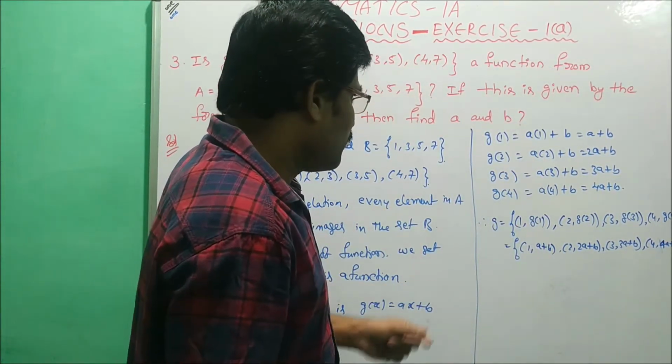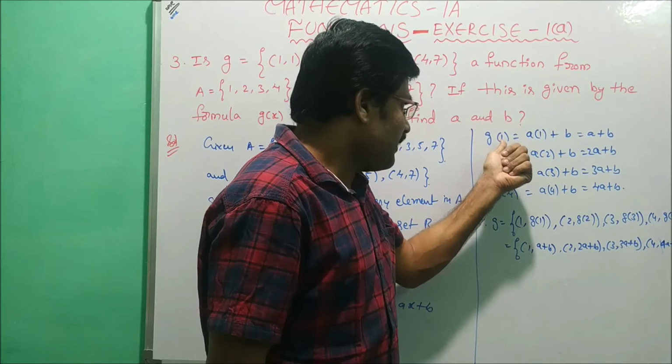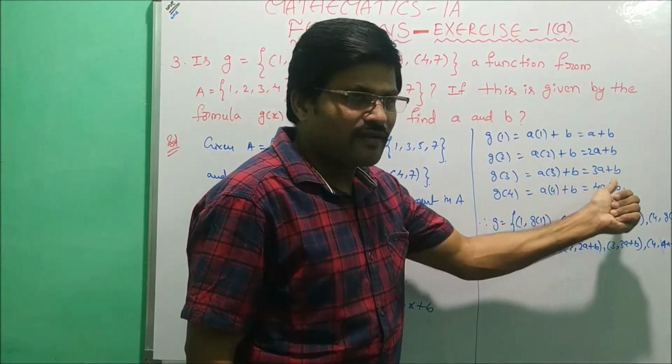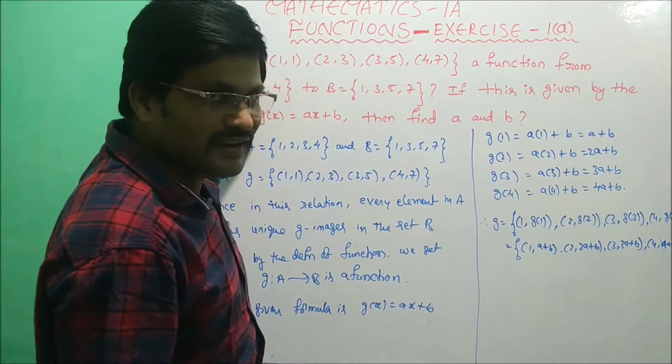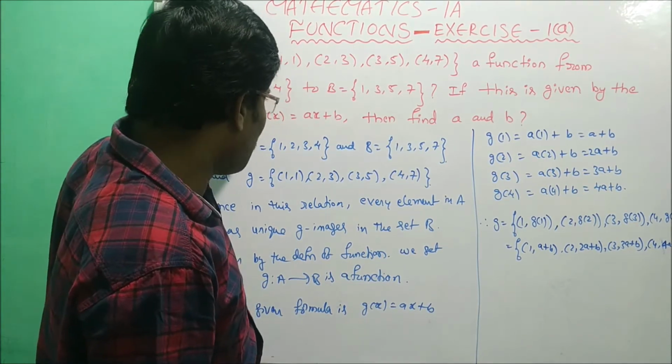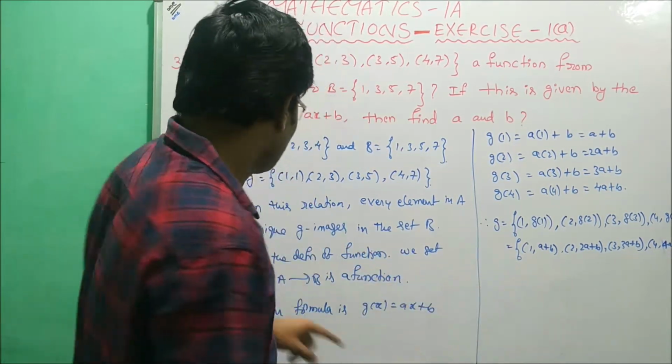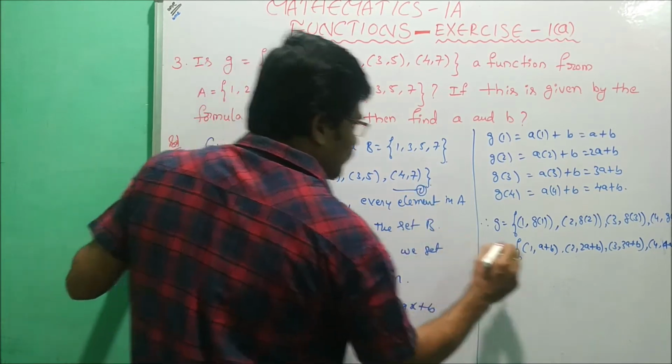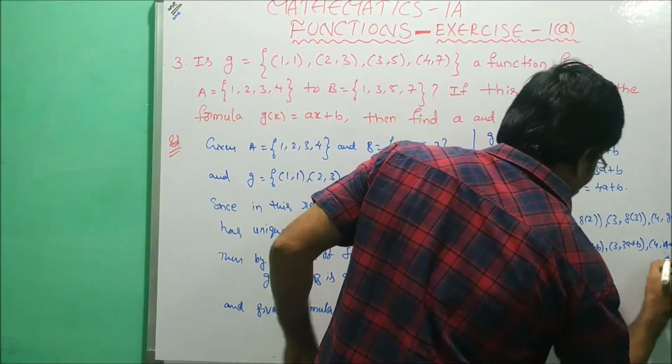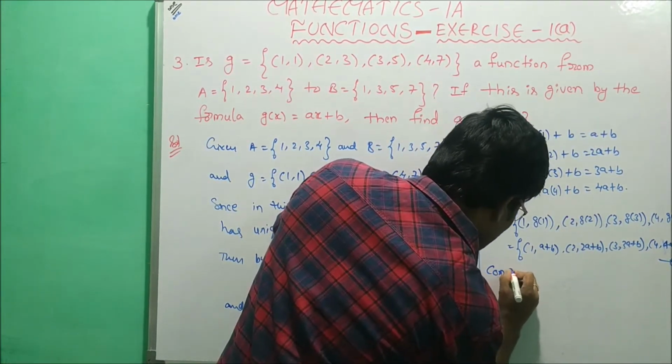Here we observe each element has a unique image. Already one relation is given, that is also G. Now comparing these two relations, this is equation 1 and this is equation 2.